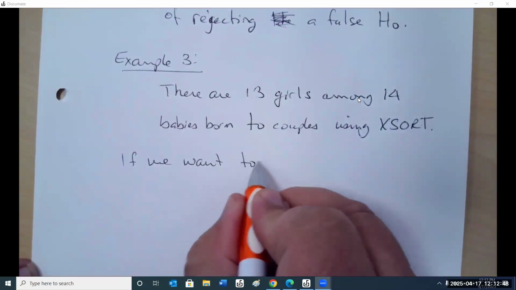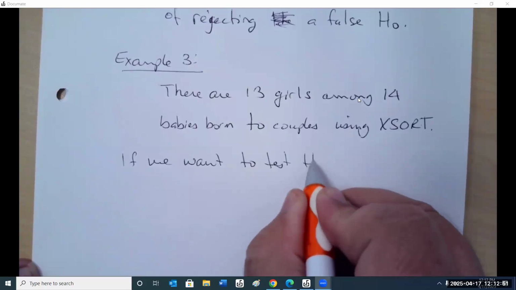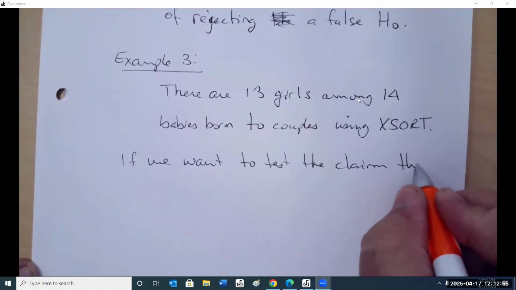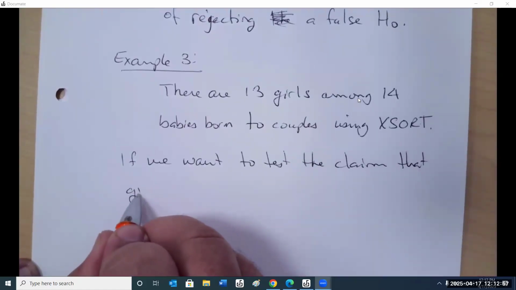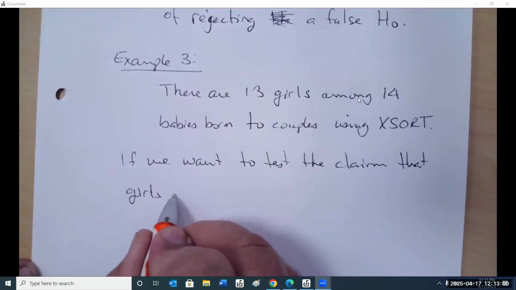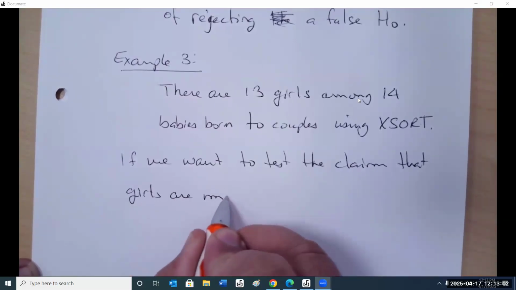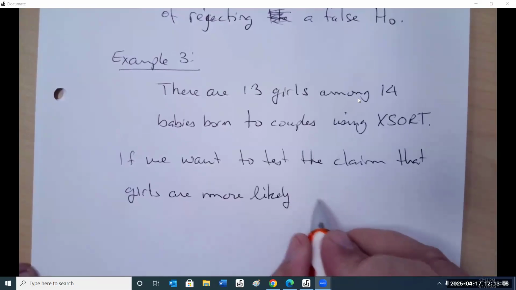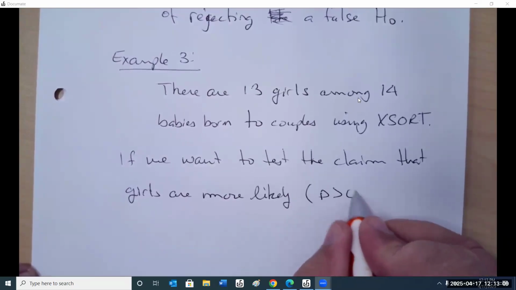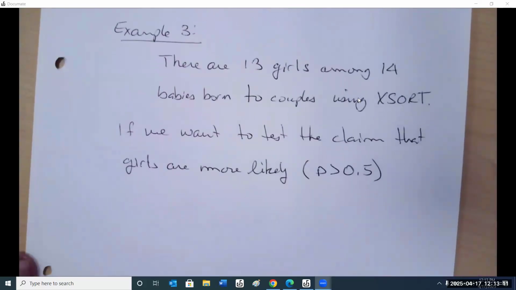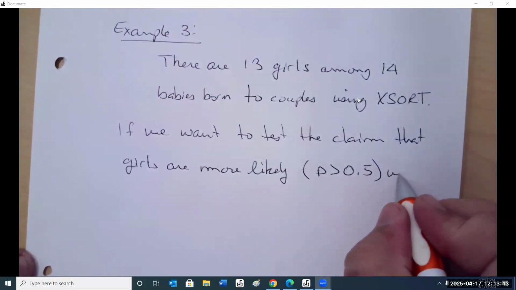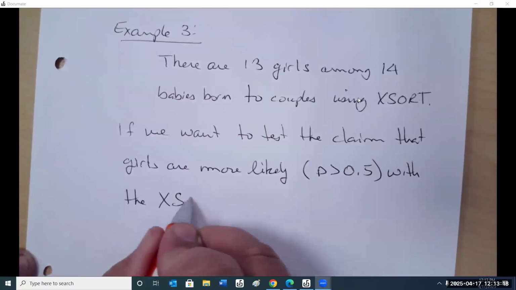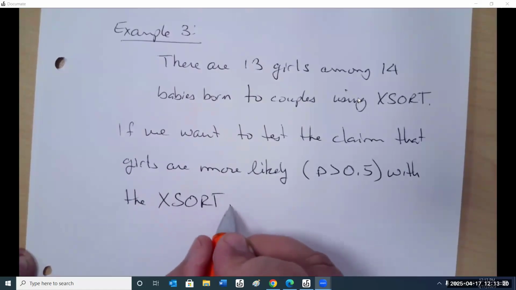If we want to test the claim that girls are more likely, or that P is greater than 0.05, with the XOR method.